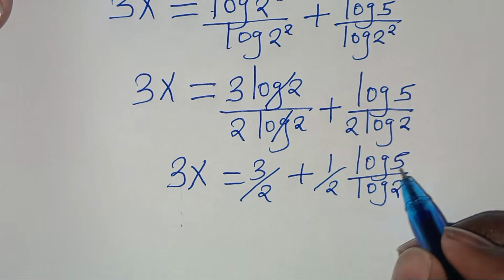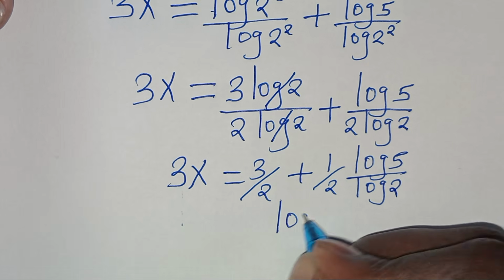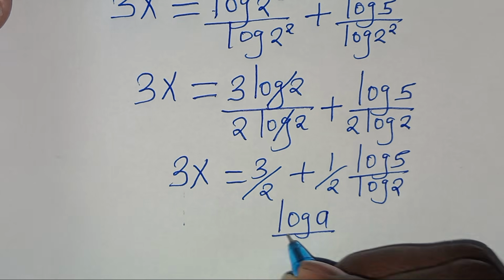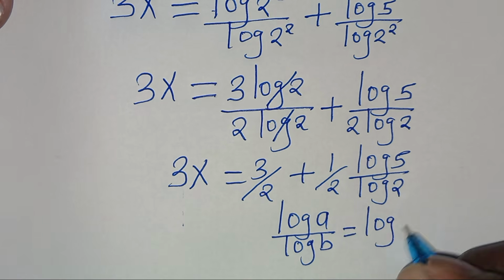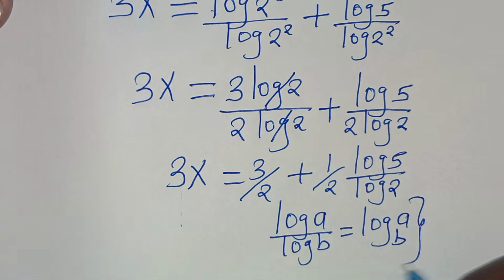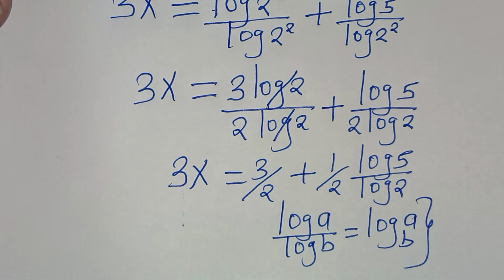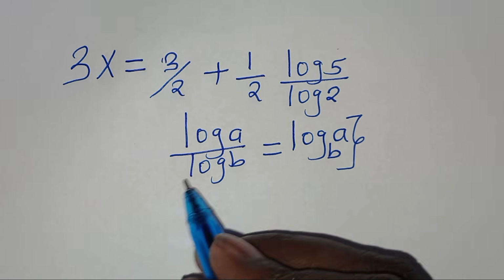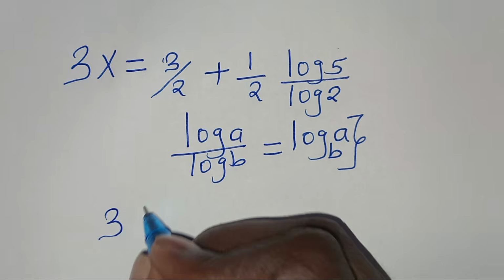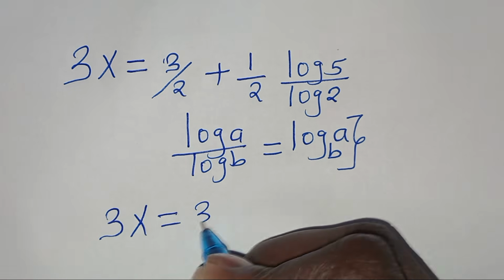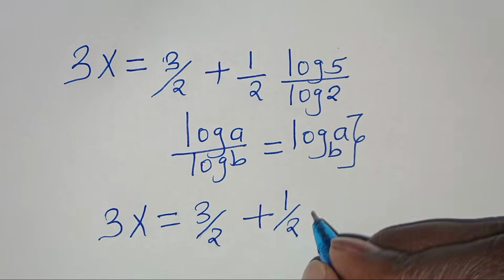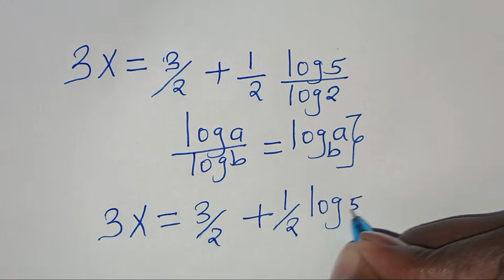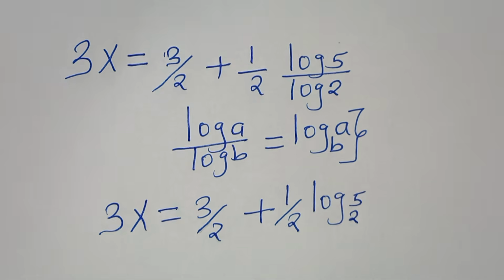Now we have log 5 over log 2. This is in the form of log a divided by log b, which we can express as log a to base b. Now applying this logarithm property, we have 3x equal to 3 over 2 plus a half log 5 to base 2.